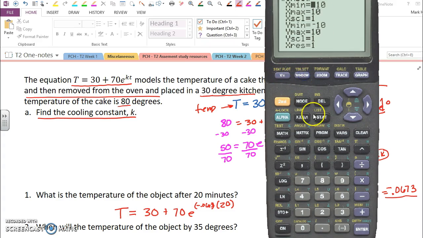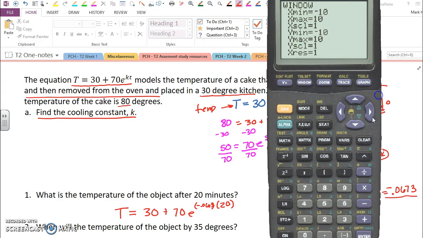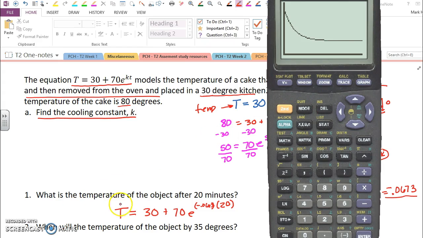So I'll go to my window. From 0 to 2 hours, or 120 minutes. And then the Y, we said we're going to go from 0 to 110 degrees. Now I'll graph it. Sure enough, it looks just like we thought. And we were asked to find the temperature of the object after 20 minutes.